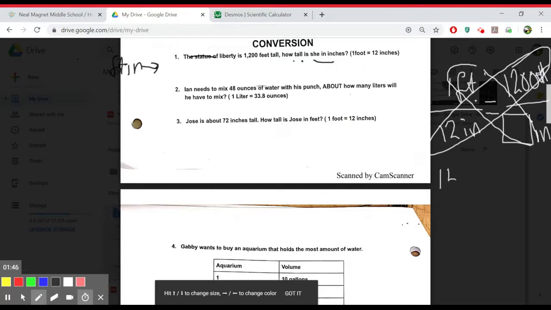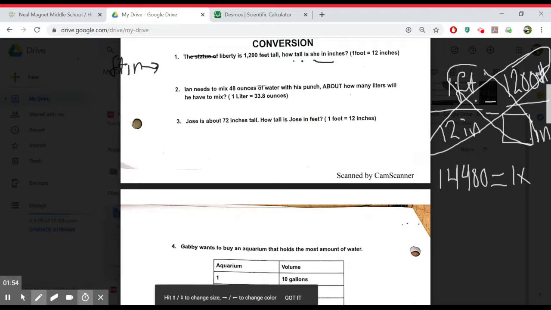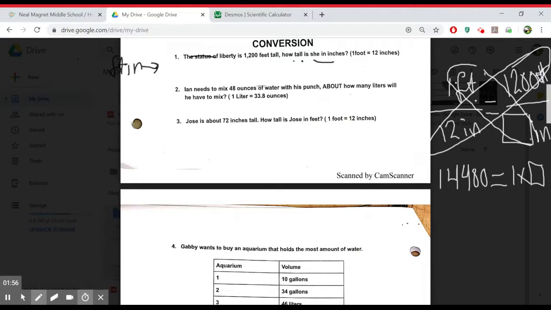So that's 14,400. And then that's equal to 1 times some number. Well, 1 times a number is 14,480. So that just means that 14,480 inches is the same as 1,200 feet.